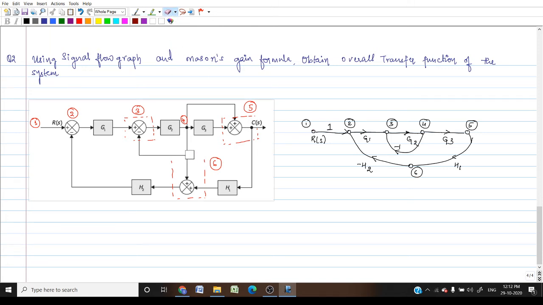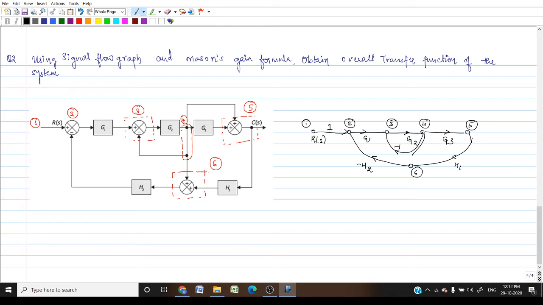And here a small correction has to be made. Coming to node 6, only this part is node 6, and this entire part, these two together, will be node 4. So from 4 to 6 we have one more feedback. It is a positive feedback, and its value is 1.